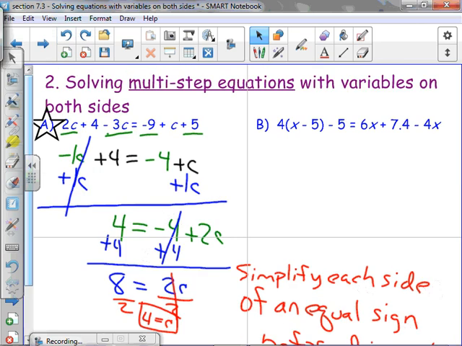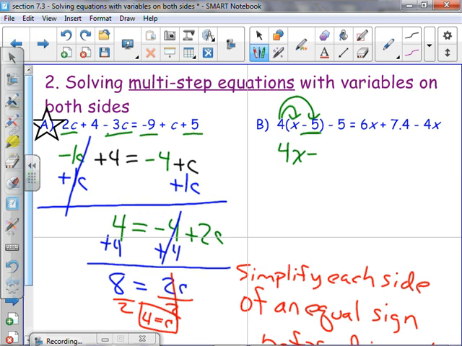Anytime I see that I have a distributive property thing I can do here, I will go ahead and do it first. 4 times x. 4 times negative 5. Not 4 times 5. 4 times negative 5. Okay? And this will give me 4x is 4 times x. And then 4 times negative 5 is negative 20, minus 20. 4x minus 20, and then I will bring everything else down.